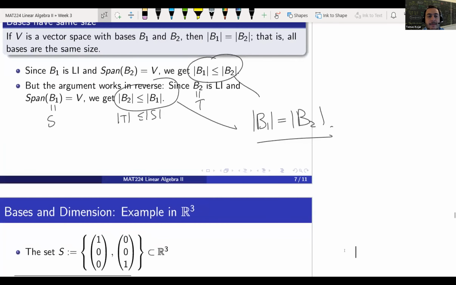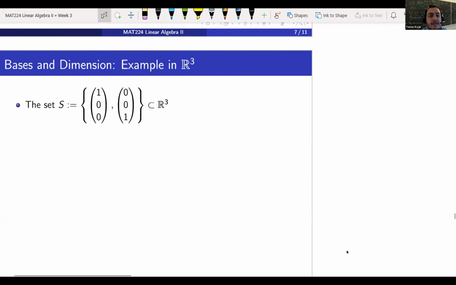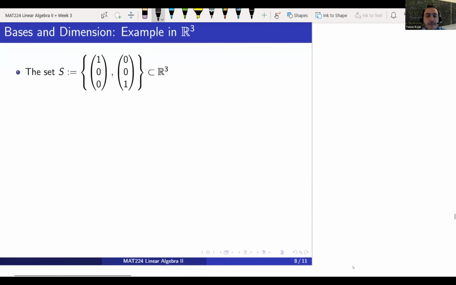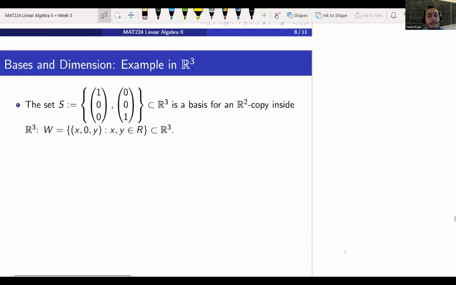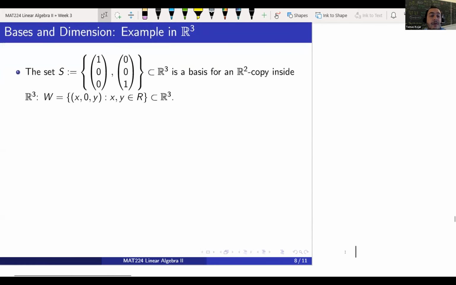Okay. Good. So let's do a simple example before we go into our main result. We have this set, and I want to prove it's a basis. The space we're looking at is interesting.